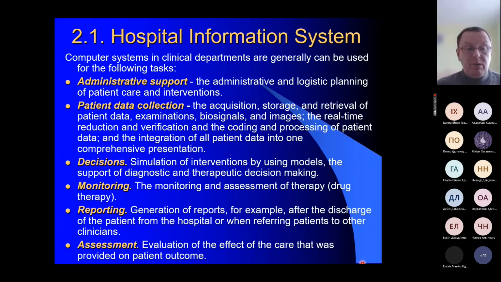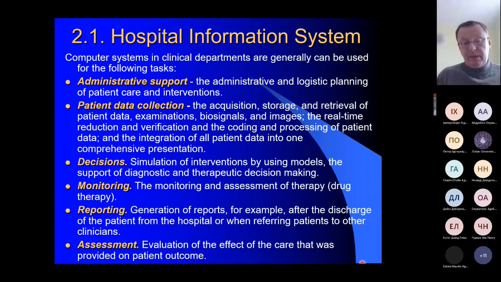And typical tasks implemented by both CIS and HIS, for hospital information system: administrative support and logistic planning of patient care, investigation, patient data collection, so acquisition of the maximum possible information important for decision making, to support the decision-making process, or at least collect data which will give the physician the ability to make decisions.